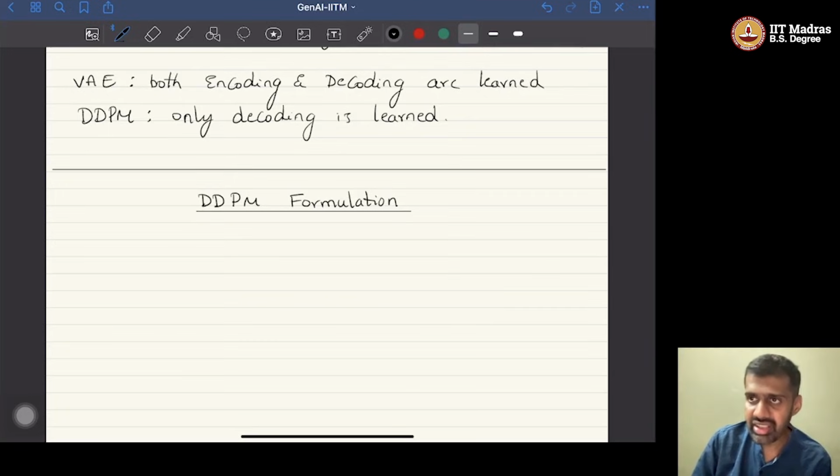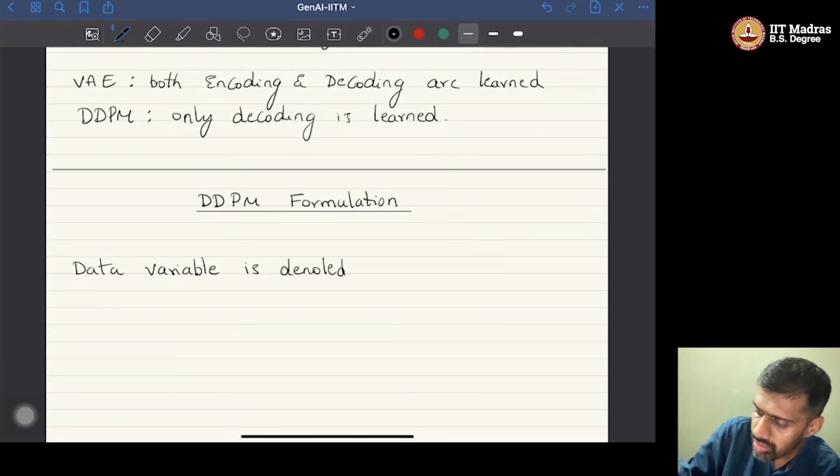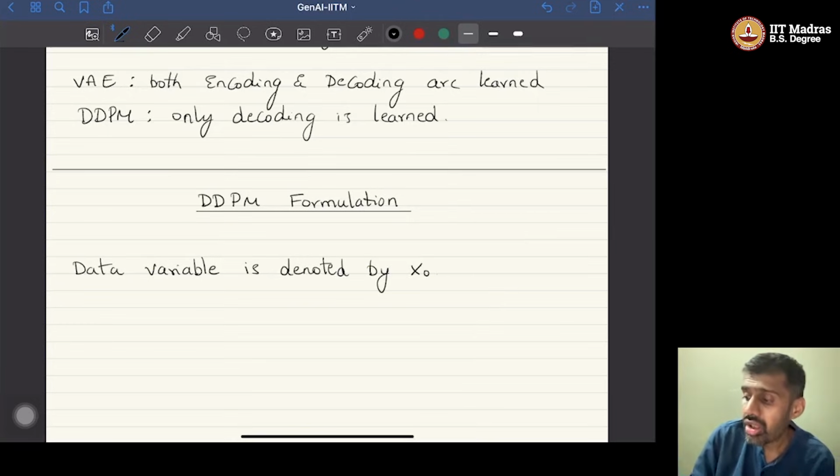Now I'll slightly change the notation here. In all DDPM literature, the data variable is denoted by X naught. This is what we have been denoting by X so far.